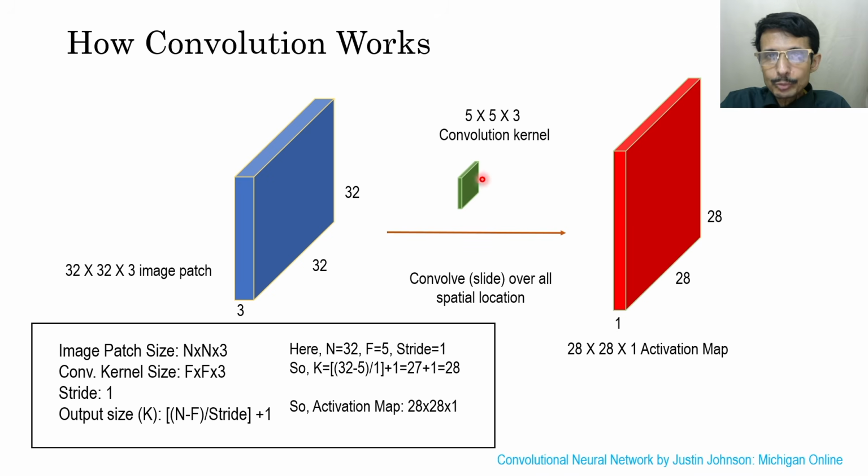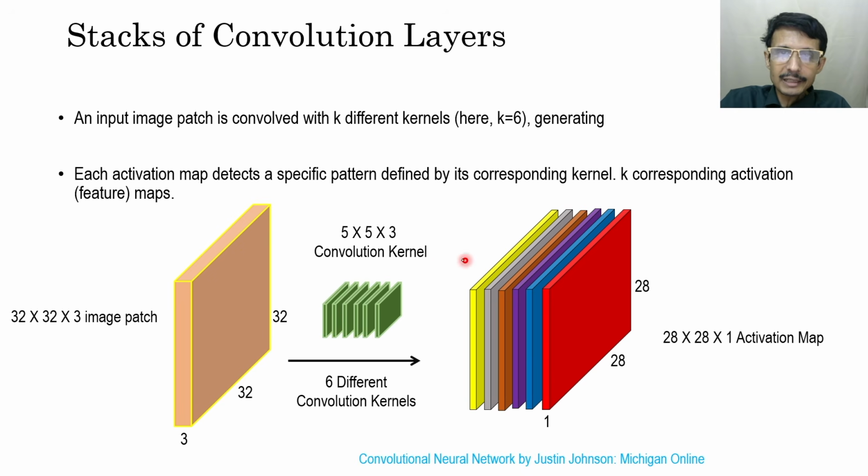But now, if we put multiple kernels here, let's say 6 different kernels, the patch is convolved with k different kernels, where k is equal to 6. We get 6 different activation maps because the kernels are different.